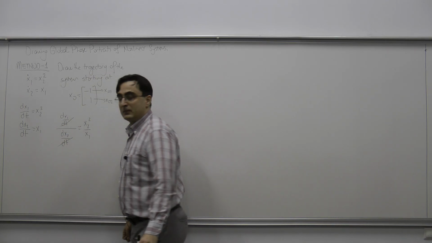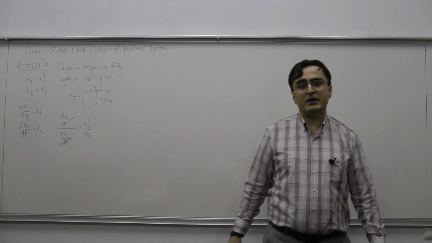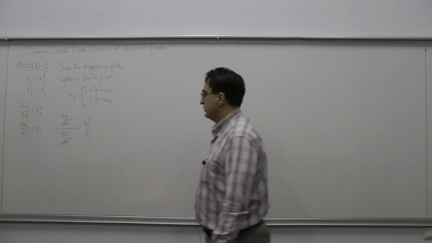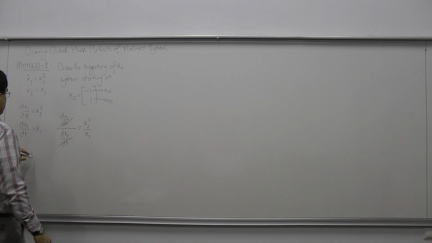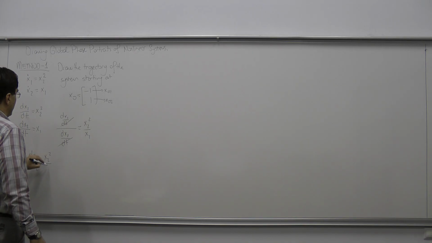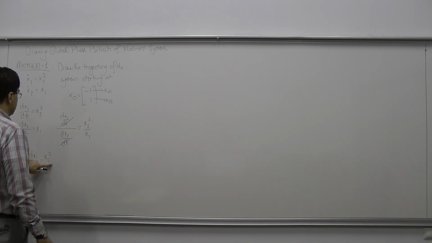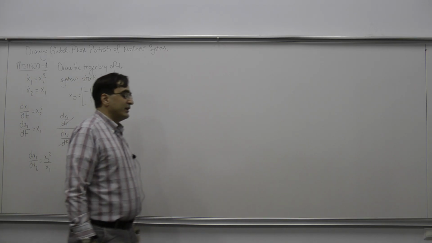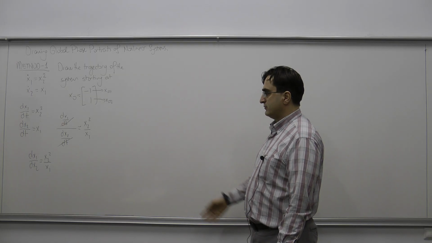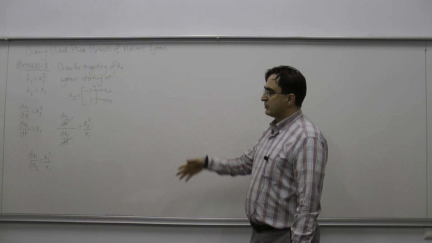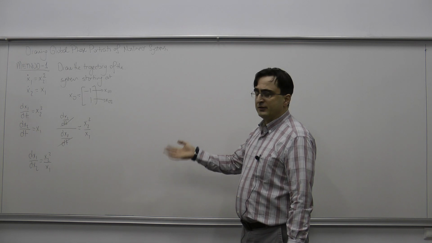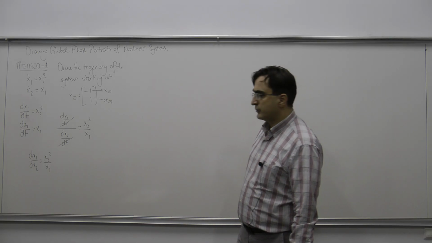Then I get the rate of change of x1 with respect to x2. You see it's really very, very easy. dx1 over dx2 is equal to x2 squared divided by x1. So we get a differential equation given in terms of only the desired variables x1 and x2. The only thing I need to do afterwards is solve this differential equation to obtain either x2 in terms of x1 or x1 in terms of x2.